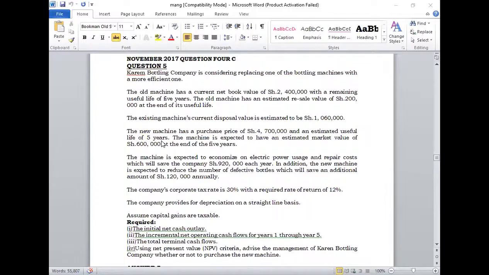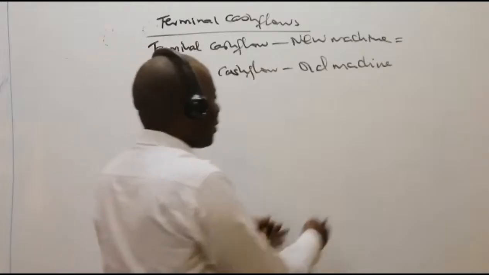You can see the scrap is 600. The terminal cash flow is 600. Thank you very much.